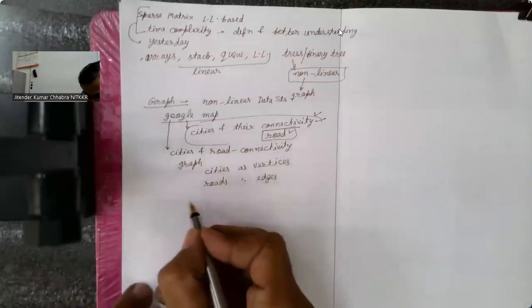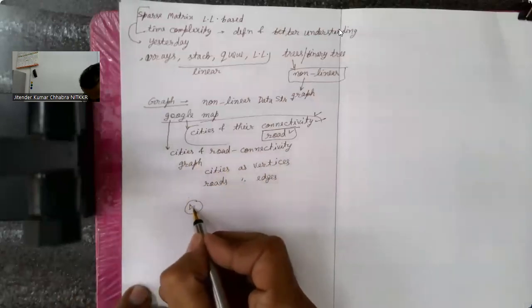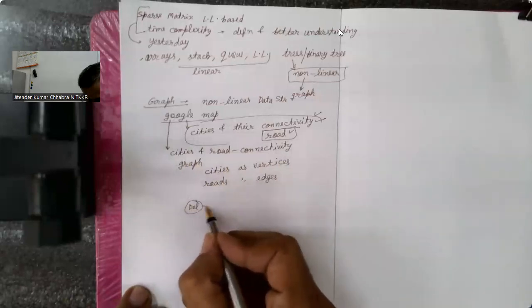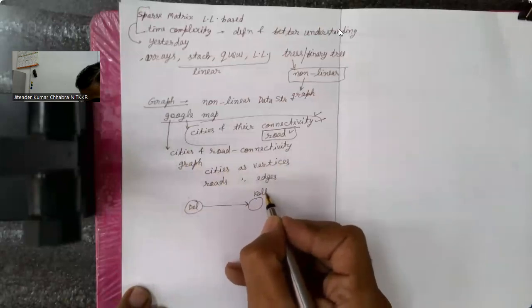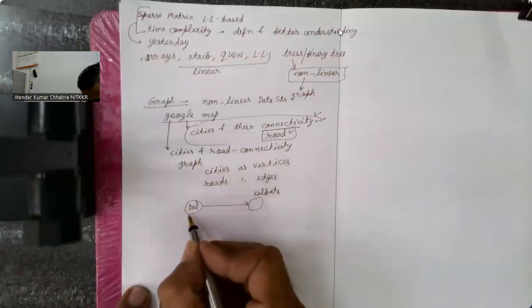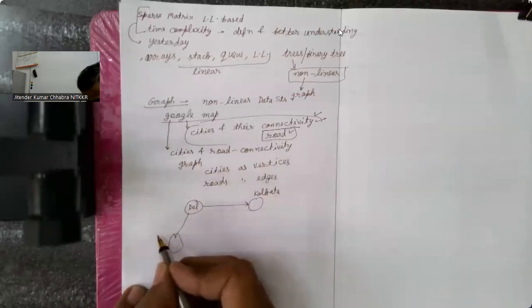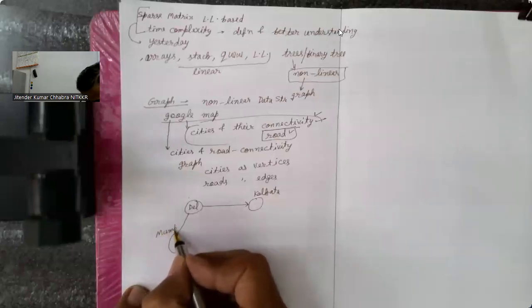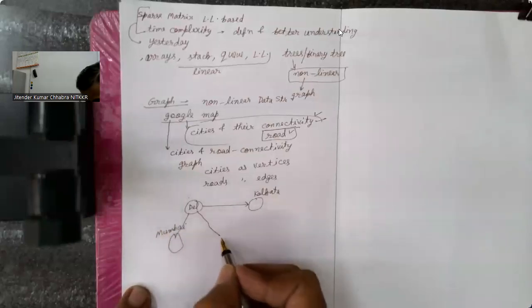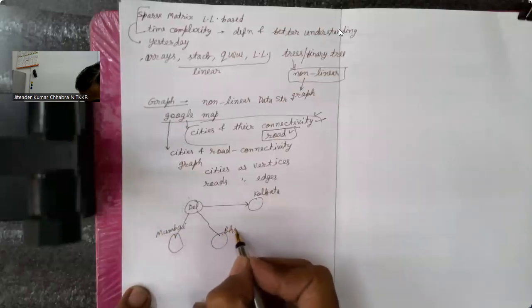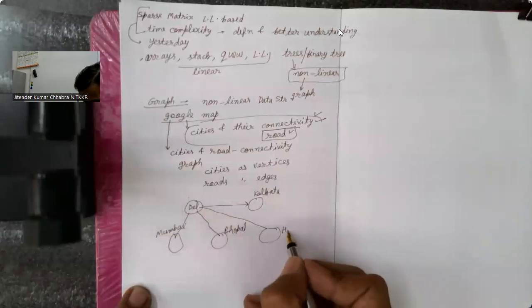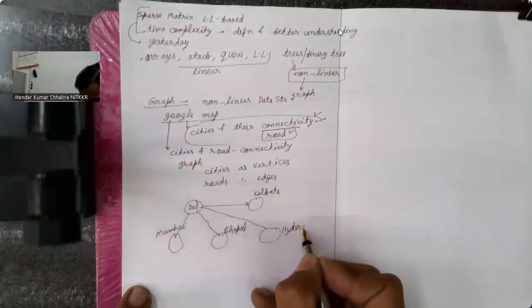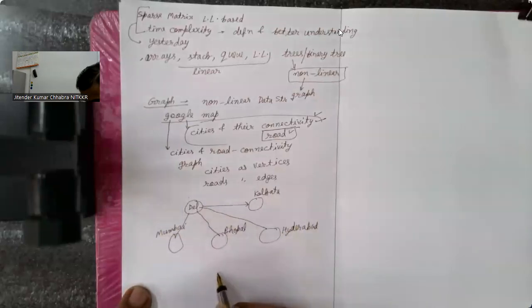For example, I have New Delhi. From Delhi, I have connectivity, let's say, to Calcutta, to Mumbai, and to Bhopal. Say I have a direct road from Delhi to Hyderabad, and from here a connectivity to Chennai.